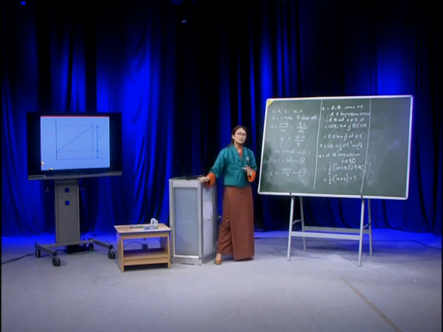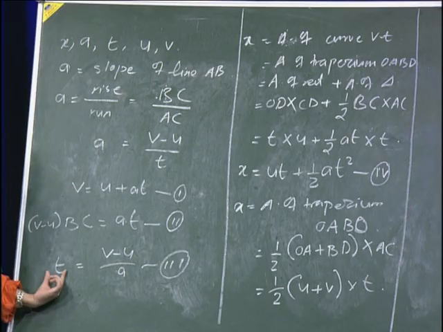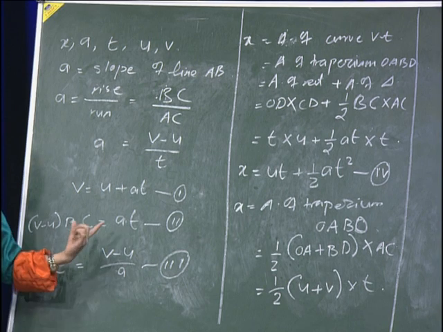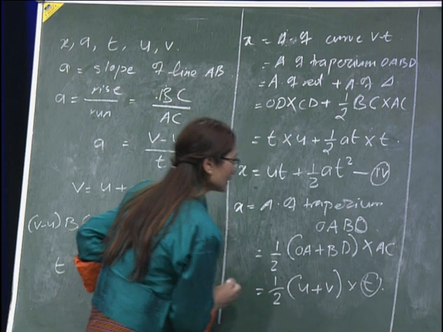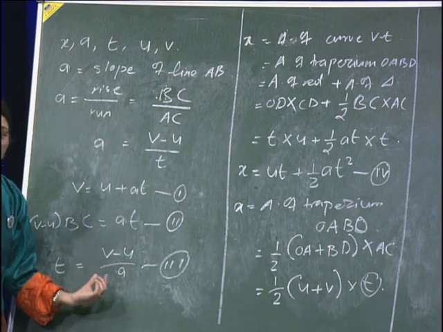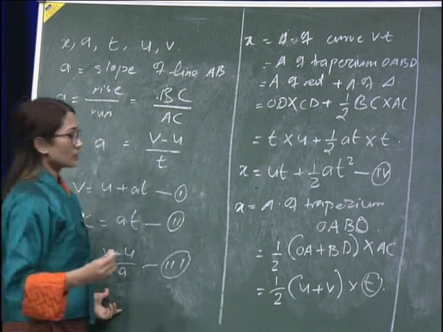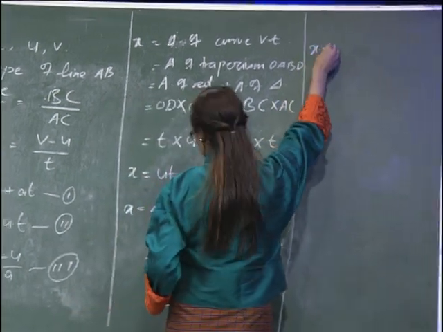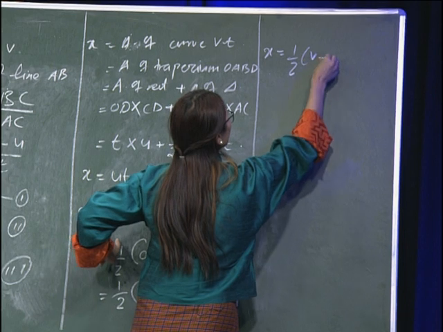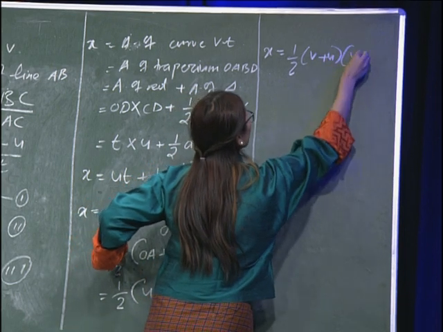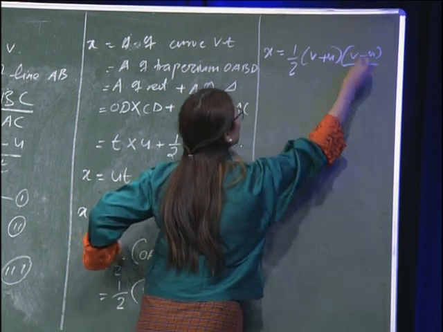So, from our first equation, we have taken T, which is the time taken, as V minus U divided by A. So, if you take this T as V minus U divided by A from the first equation, we get our displacement x as half times V plus U times V minus U divided by A.